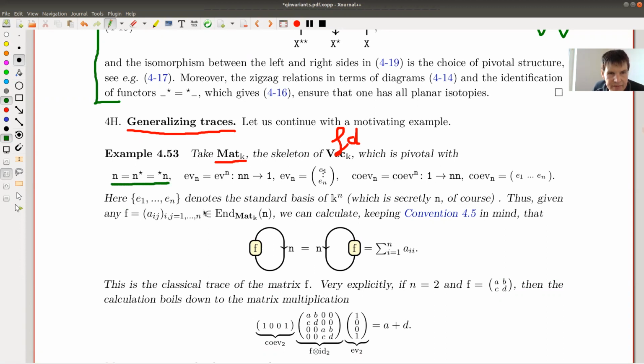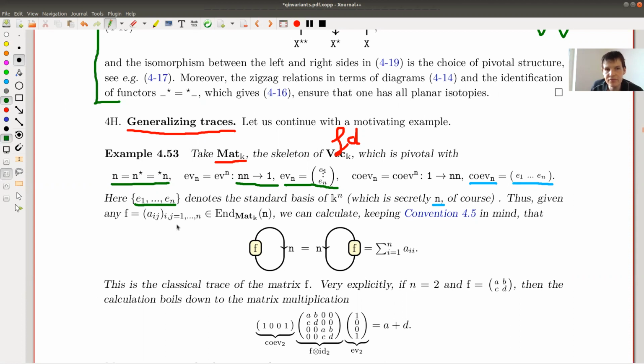It's strict, so everything is double dual, and the evaluation map is the column vector of the standard basis elements, and the co-evaluation map is a row vector of the standard basis elements. And standard basis elements are just the standard basis vectors 1 0 0 0, 0 1 0 0, and so on, of k to the n. Which secretly, of course, in this setup is just n, strictly defined, just the object n.